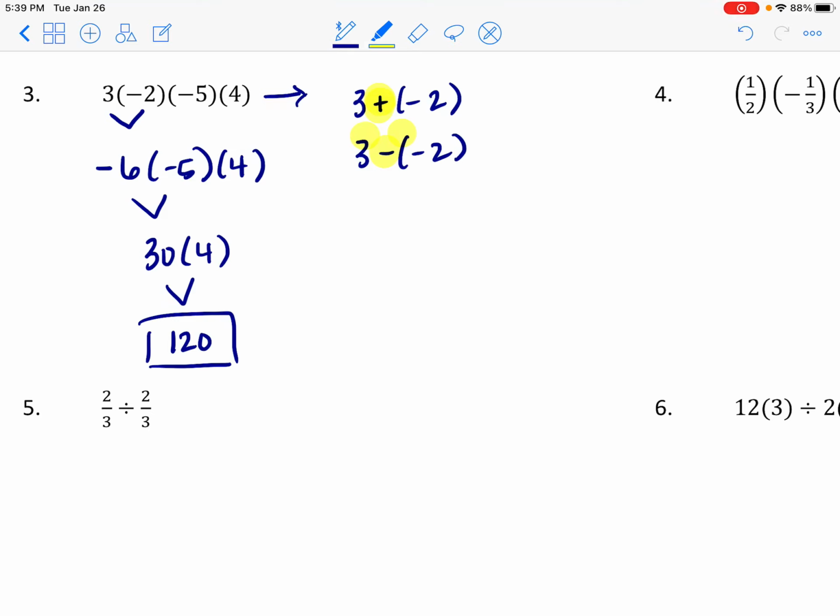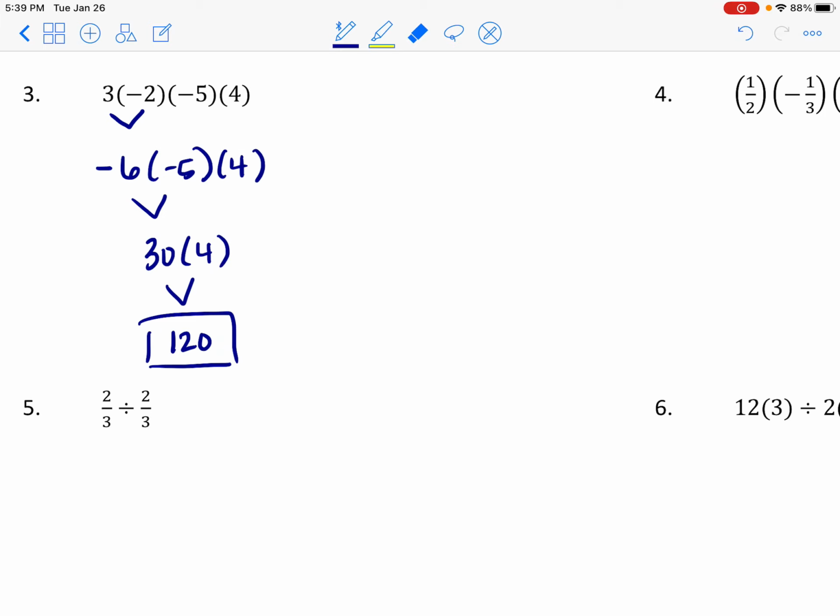So we are adding or we're subtracting. If there's no symbol between your number and your parentheses, then multiplication is implied. So like in this one, there's 3 and a negative 2, but there's nothing in between the parentheses and the number. That's multiplication there, okay? So make sure you're not seeing this and thinking, oh, we have to subtract. The number next to the parentheses is telling you to multiply, okay?